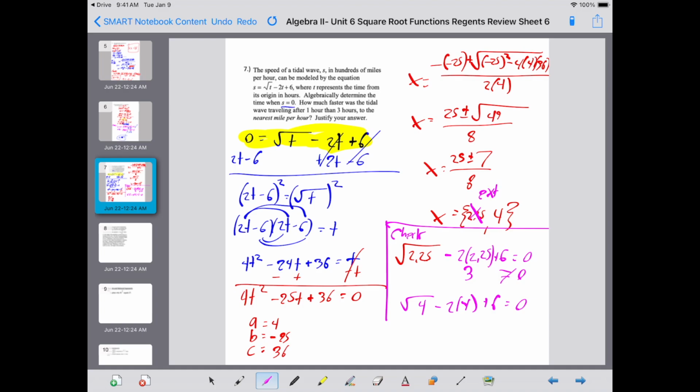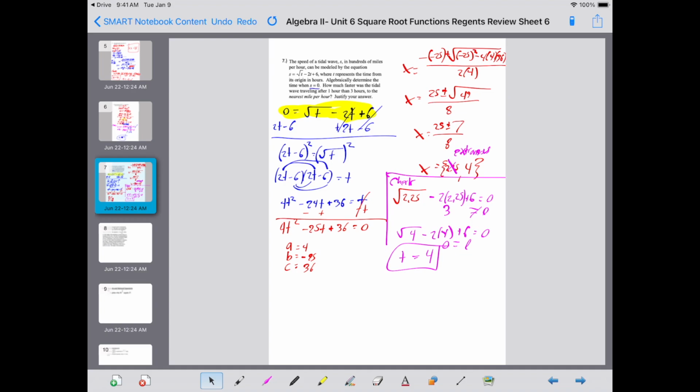That's extraneous. Now we're going to do the same thing for 4. You get 0. 0 does equal 0. So t would equal 4. So the time is 4 when s equals 0, when the speed is 0 of your tidal wave.